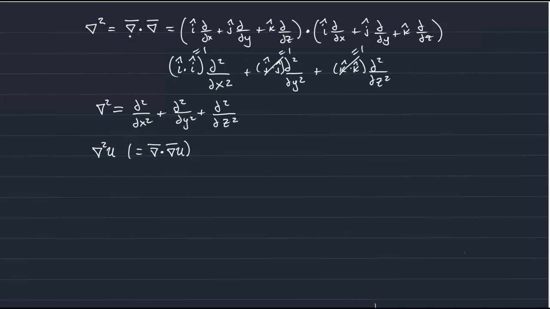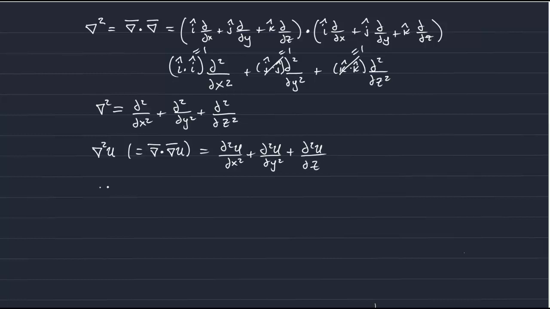It's the dot product of these two vector quantities operated on this scalar quantity. That's the second derivative of u with respect to x plus the second derivative of u with respect to y plus the second derivative of u with respect to z.